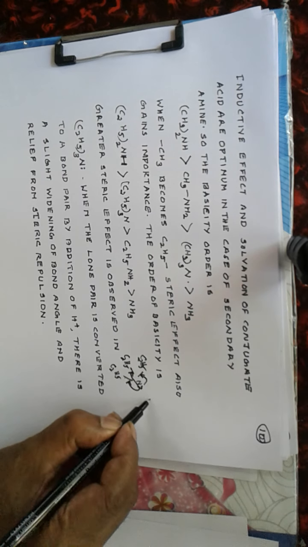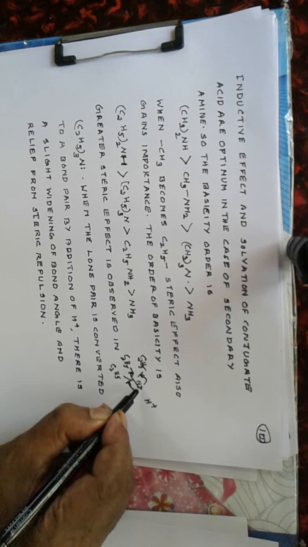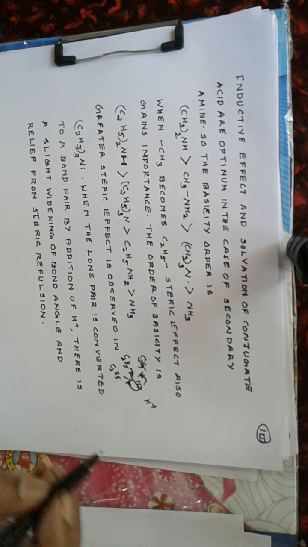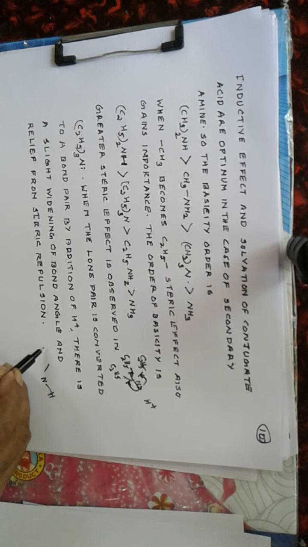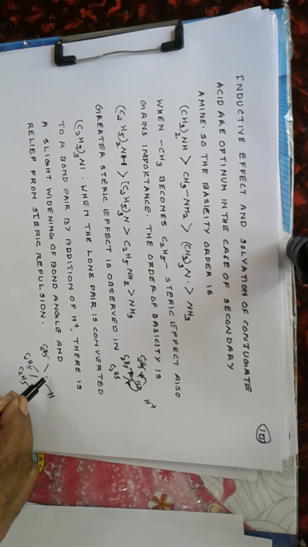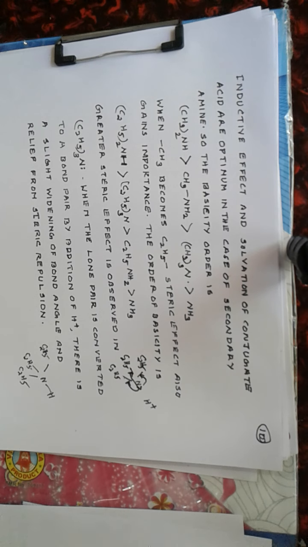When an H+ connects to this nitrogen using its lone pair, we get NH(C2H5)3+, so that the lone pair bond pair repulsion is avoided. So the bonds are now free to move apart due to the steric effect of the ethyl group.